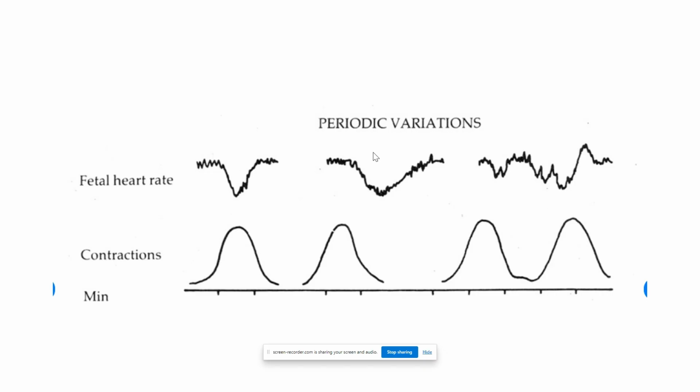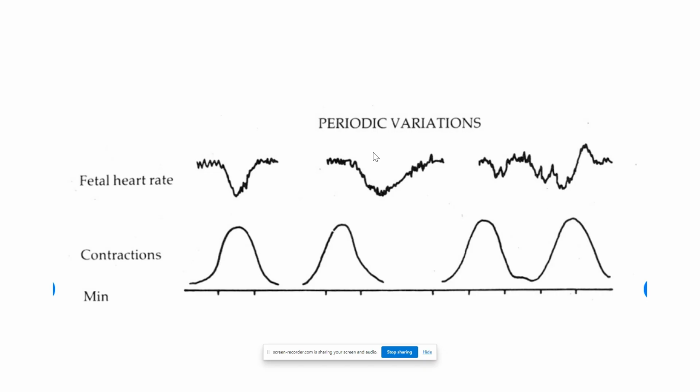Now, if the mom is on Pitocin or oxytocin and we are seeing these late decelerations, then as soon as we walk into the room, we turn off the pump first, and then we put mom to the side, give her oxygen, and then we give her fluids. The main takeaway from this is that we have to put mom on the side first, because any NCLEX question that you get regarding a late deceleration is likely going to be discussing what you're going to do in that situation.